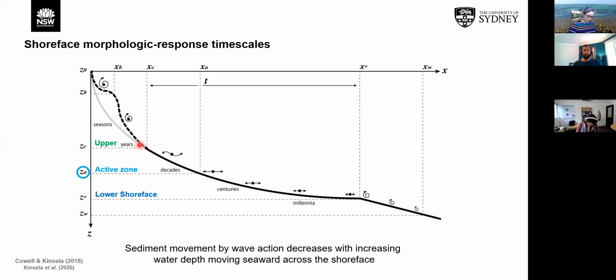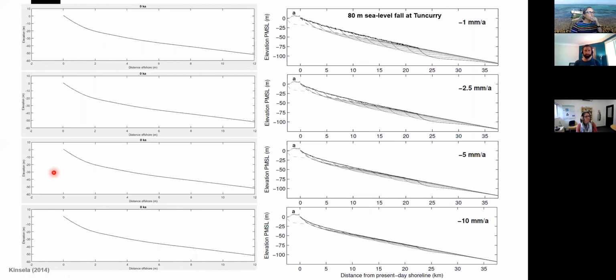So it might be here over the timescale of 1 year, but if the timescale of change is longer, the active zone might be anywhere in here. And the upshot of all of that is, well, what is the offshore limit of the sediment budget if we're thinking about sea level rise over 100 years or so and at different rates of sea level change?